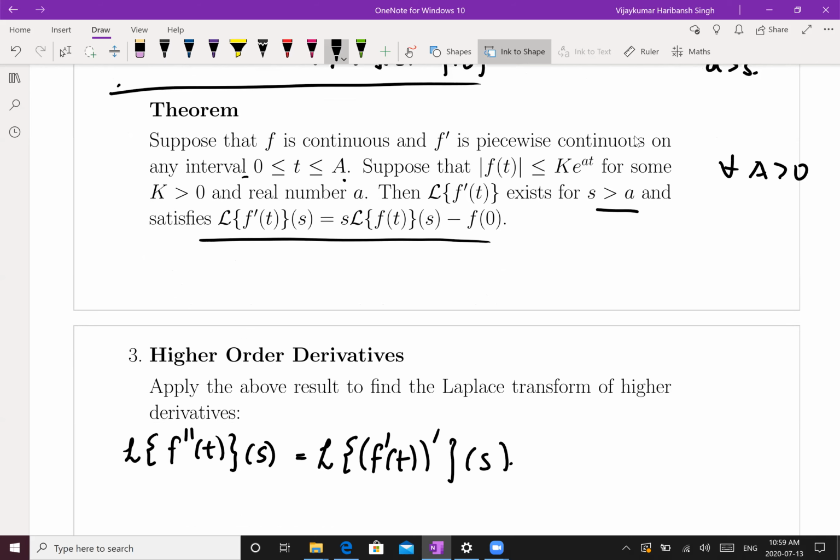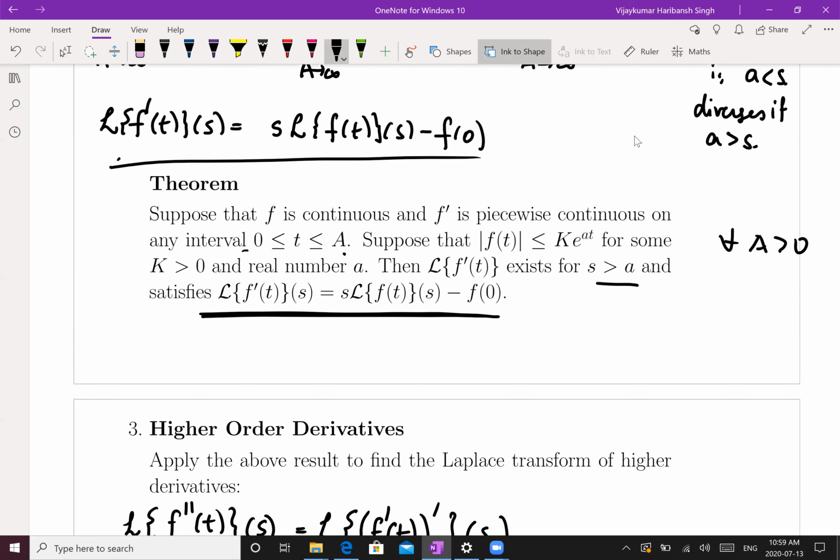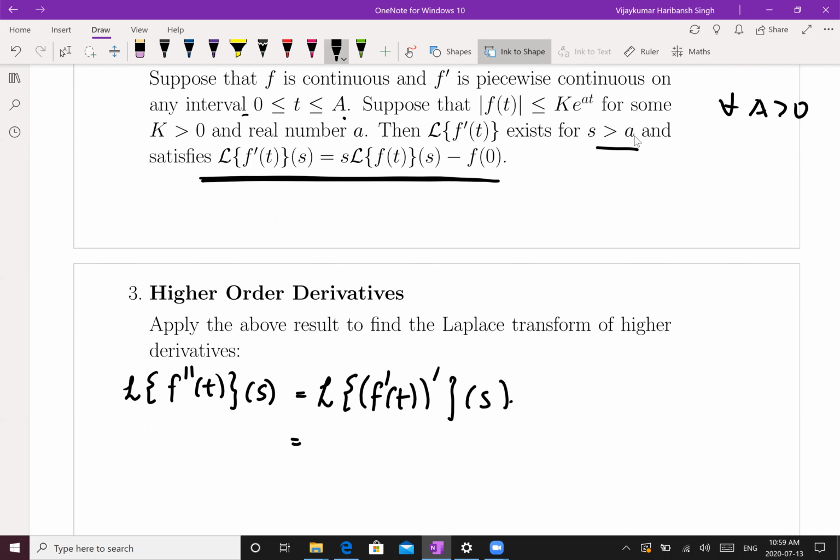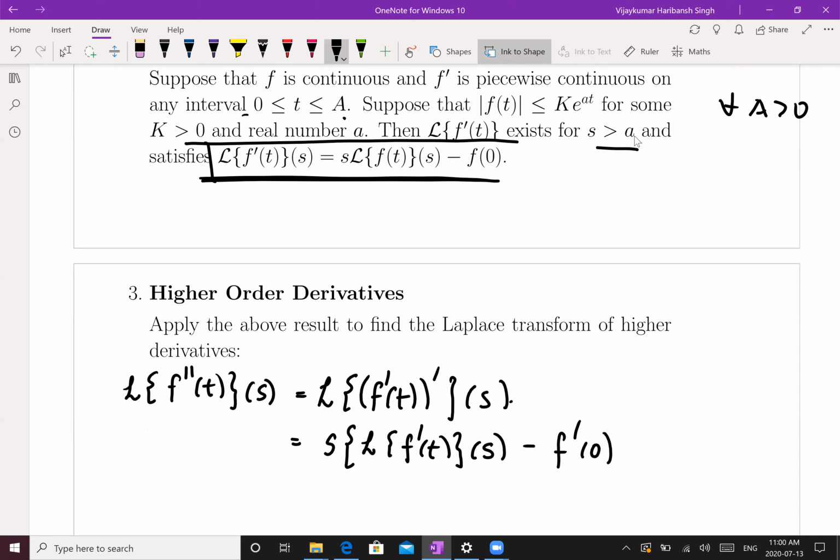Because we already know how it should be for the derivative. This is going to be s times L of f prime of t evaluated at s minus f prime of 0, right? Instead of f in this formulation, we have f prime.